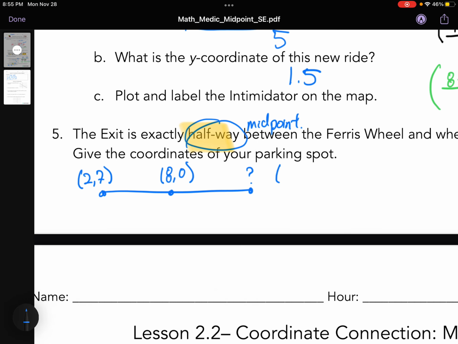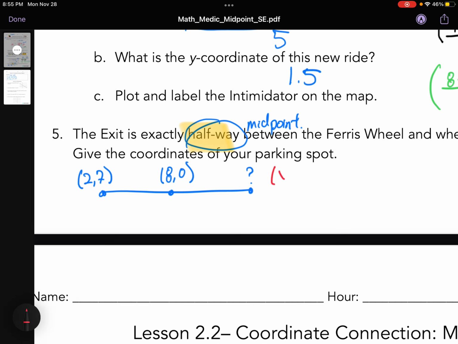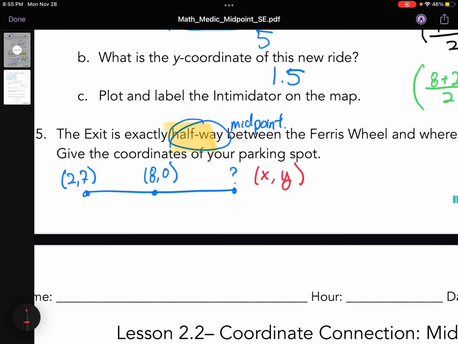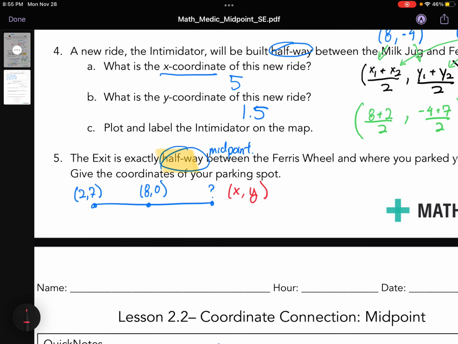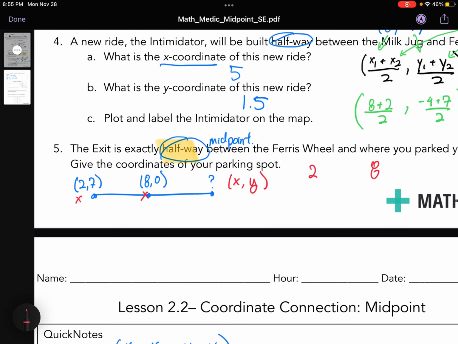We want to find the x and the y value of our endpoints. The distance from 2 to 8, I'm just looking at the x values, is you need to add 6. So if that's a halfway point, you do plus 6 again to the middle number, and you get 14.